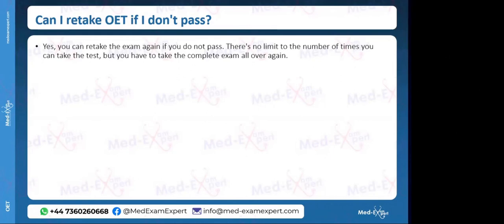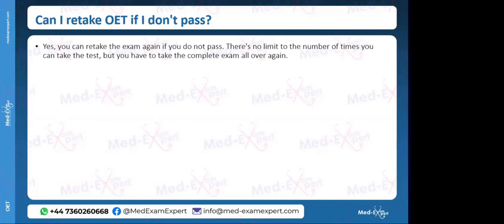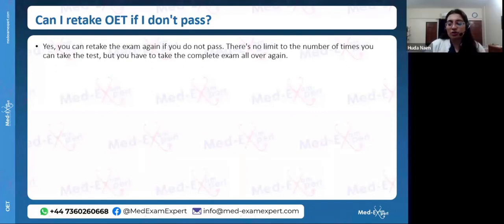I'm asking if should a nurse take the IELTS exam or the OET exam before he or she can travel to UK or US for practicing nursing? Okay. For traveling purpose, you do not need the exam, but if you want to practice in that country, for that you would need the OET exam. Okay? So if you want to get yourself registered as a nurse or as a doctor, so then you would be needing the OET. Just for traveling, for tourism, or for traveling purpose, you do not need the OET.